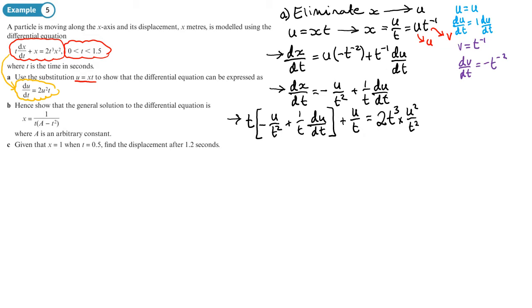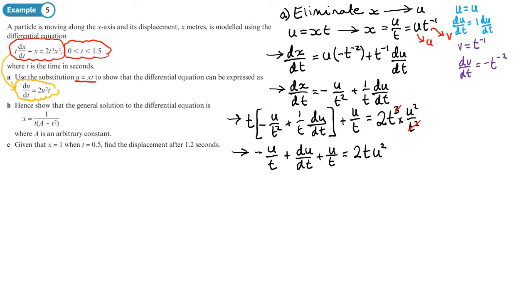So if we simplify this, we will get minus u over t, so I'm expanding the brackets, plus du dt, the 1 over t and the t cancel out, plus u over t equals, now these t's will cancel down, just leaving t to the power 1, or just t, leaving 2t u squared.